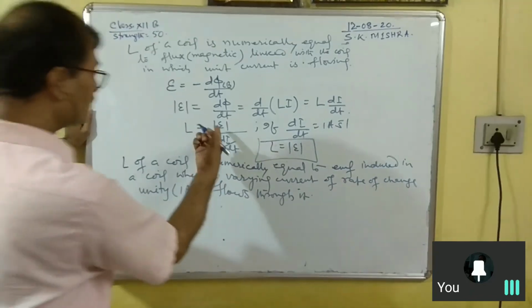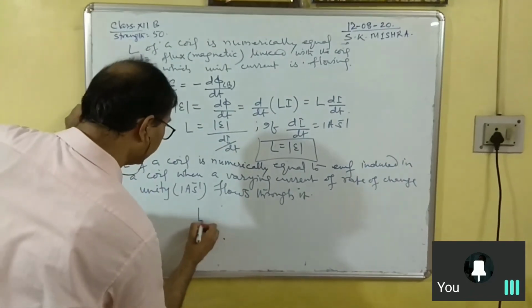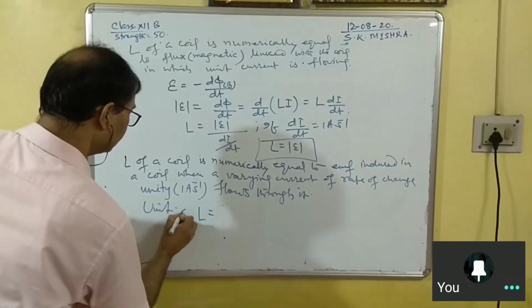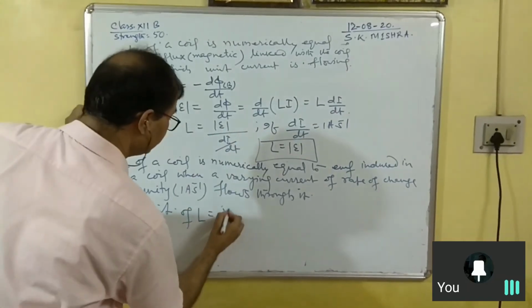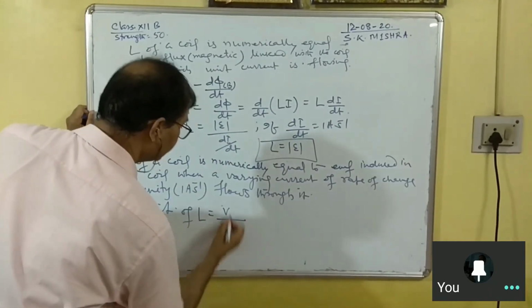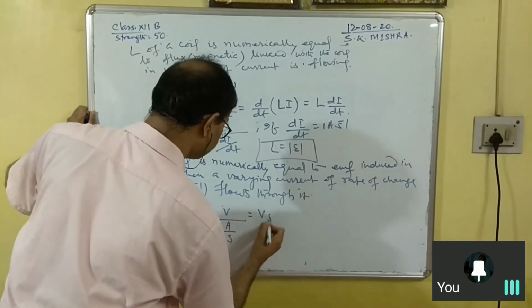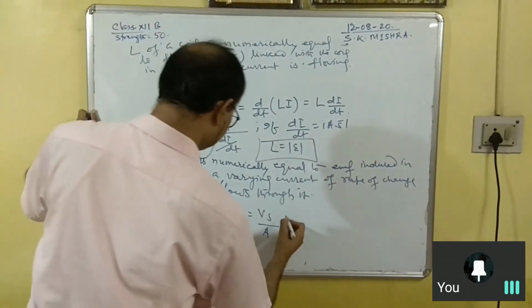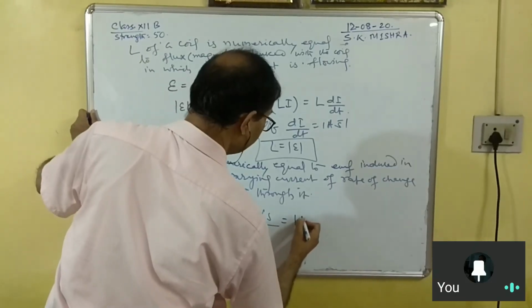From here also the unit of L is Henry only, because the unit of L is measured in volt divided by ampere per second, so this is volt second by ampere. This is also known as 1 Henry.